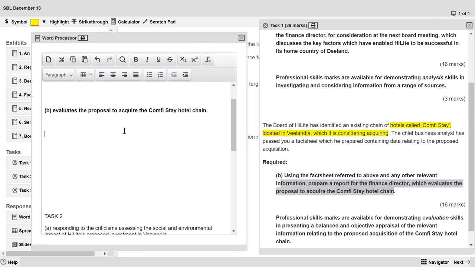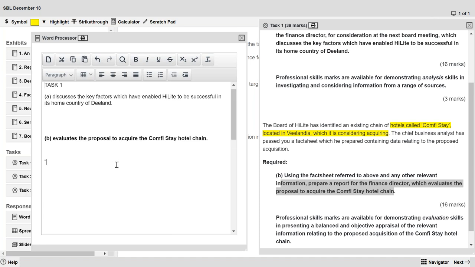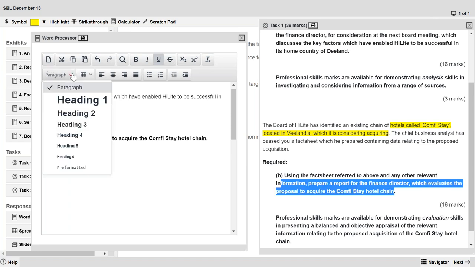First of all, I will write big REPORT in caps. Report, underline, you can do Control U, or you can press this. And then you see this option, paragraph. If you click here, there are so many formatting options. The largest one is heading 1, then a little bit smaller, and then smaller.